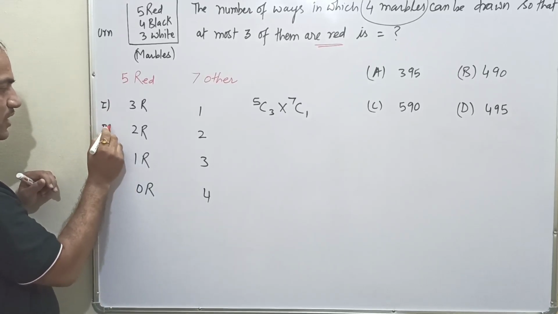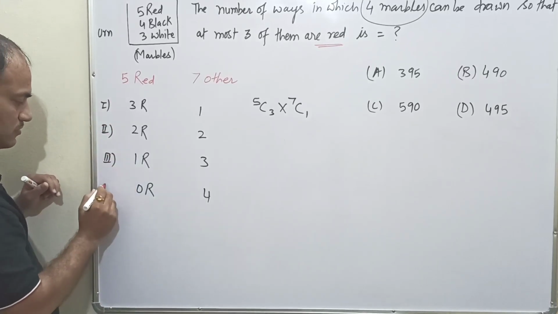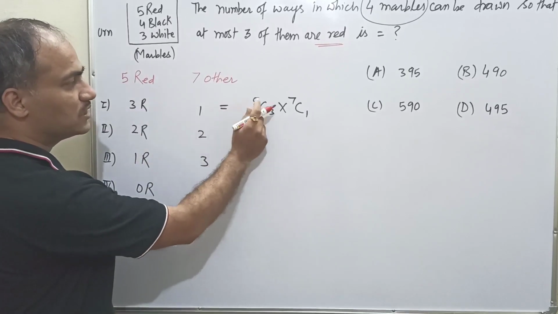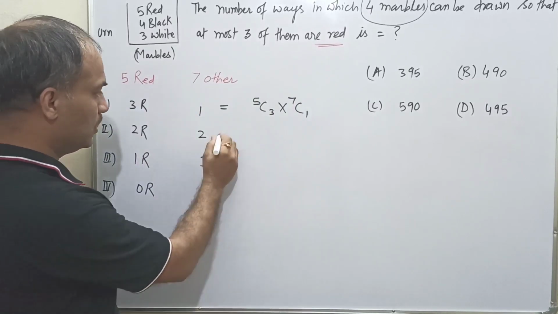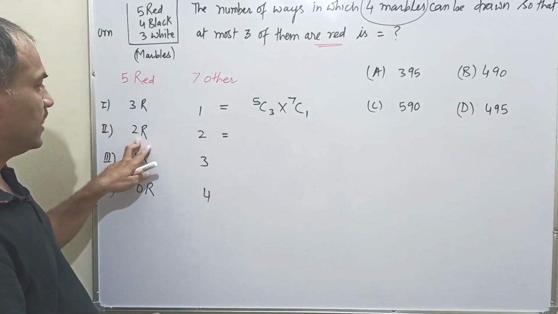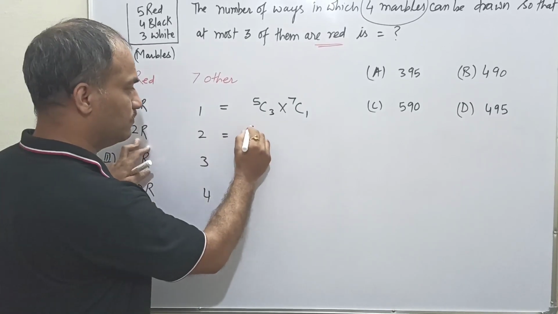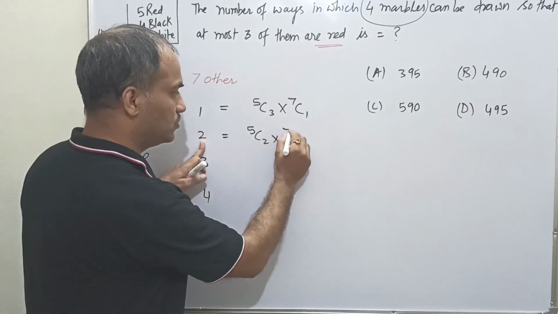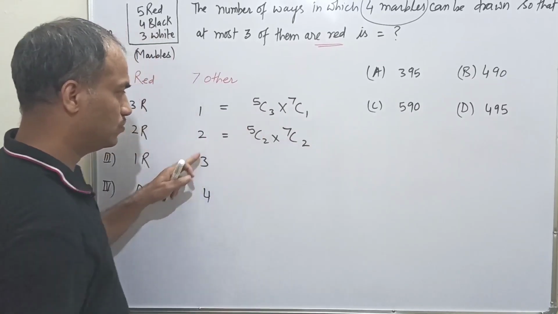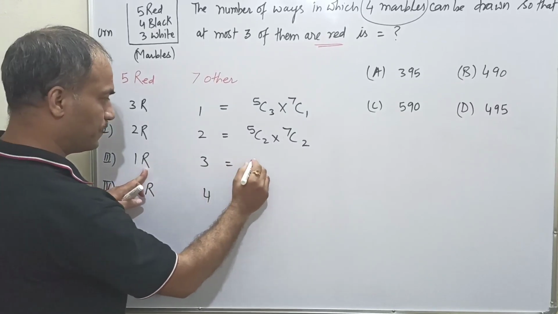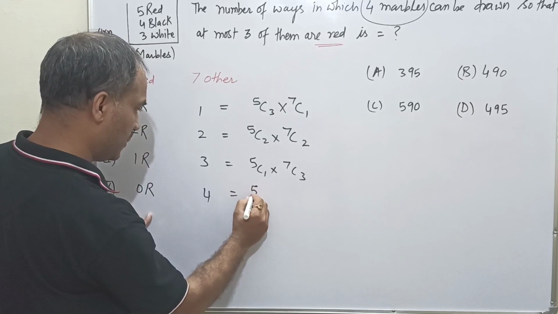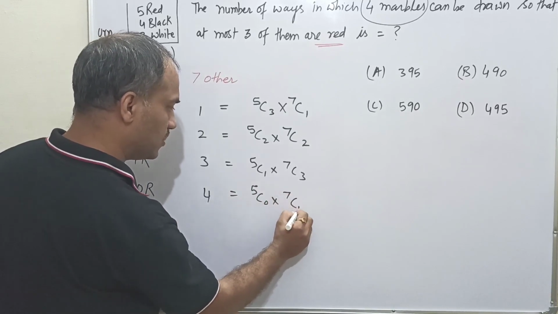First, second, third and fourth. So in the first possibility, these are the total number of ways. In the second possibility, 2 red from 5, so it means 5C2 into out of 7, 2, so it means 7C2. Similarly, from here 5C1 into 7C3 and 5C0 into 7C4.